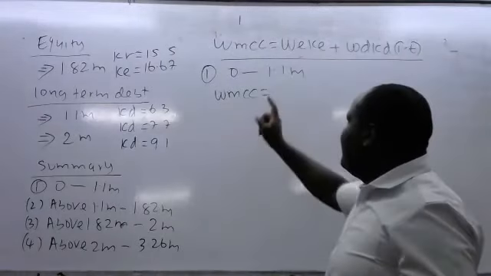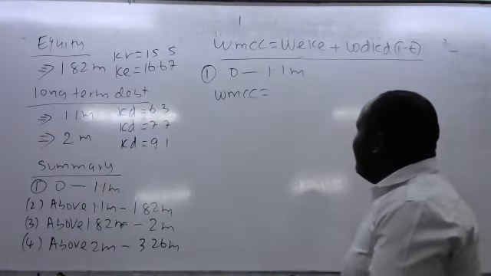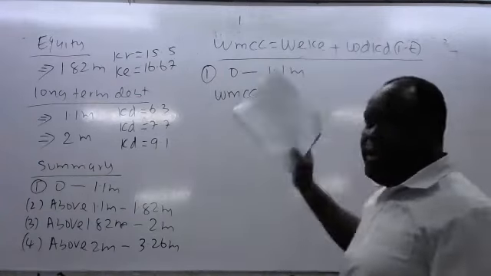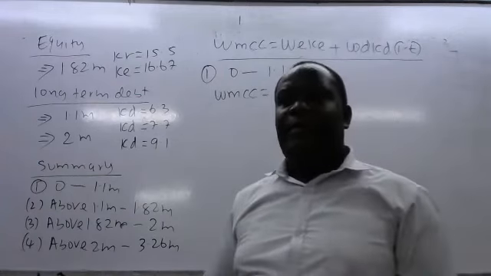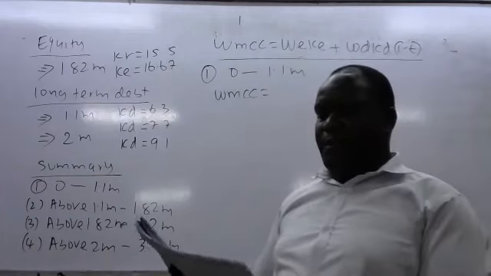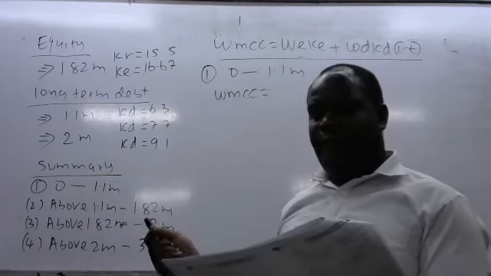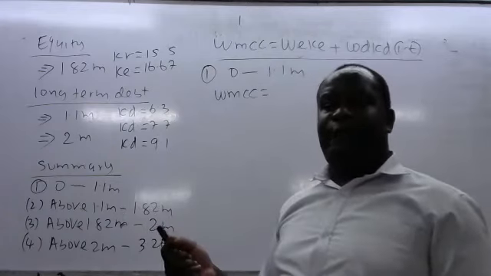So from 0 to 1.1, to get the WMCC, the weight for equity, you can see the information above for the 15%, 45% and 55%.